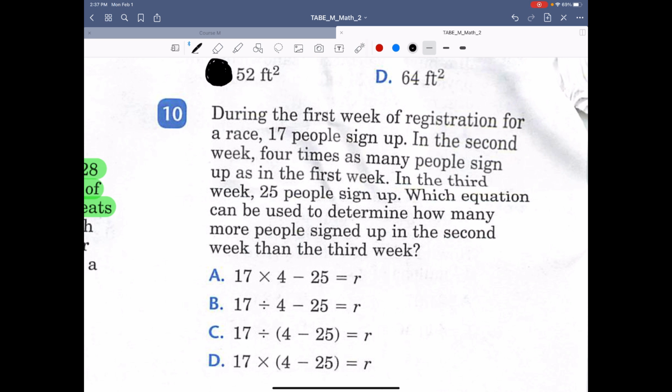And finally, on this page, during the first week of registration for a race, 17 people sign up. In the second week, 4 times as many people sign up as in the first week.